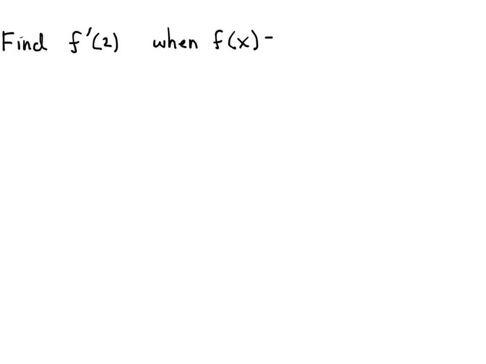So I want to find the slope at 2 of this function where we have, this should be f at t, not f at x. Let me back up and correct that.